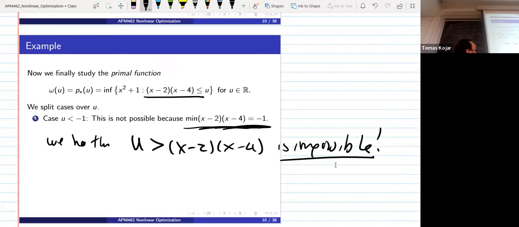So you ignore this, meaning the primal function does not attain values for u less than minus 1. So in this case, you can say this is the trivial function, and you can set it to infinity. You'll see a picture in a second.